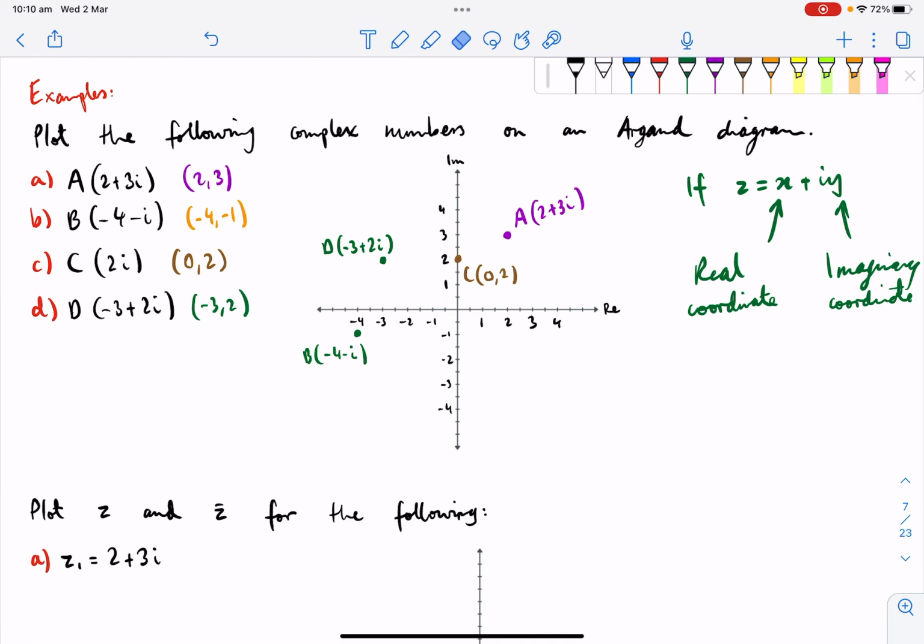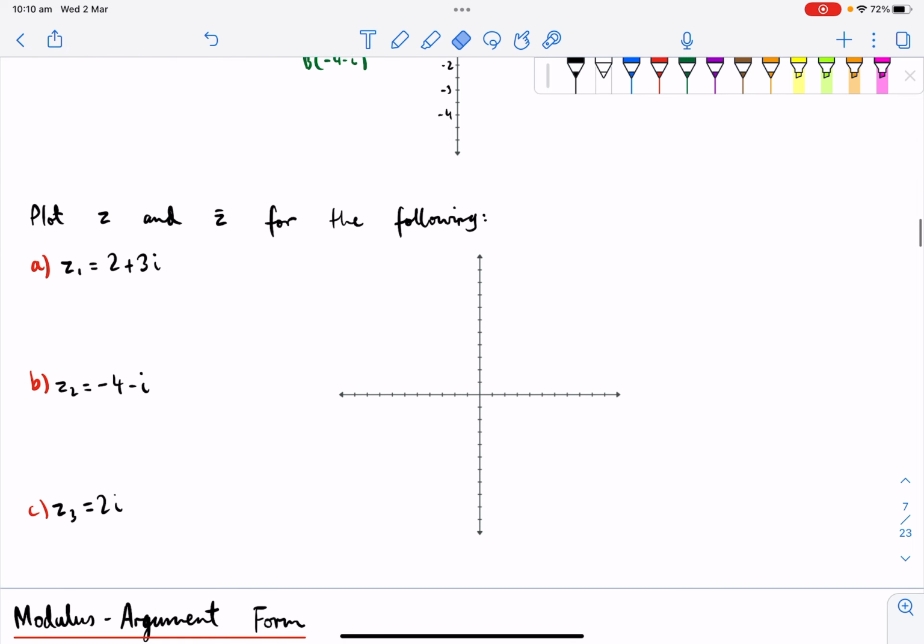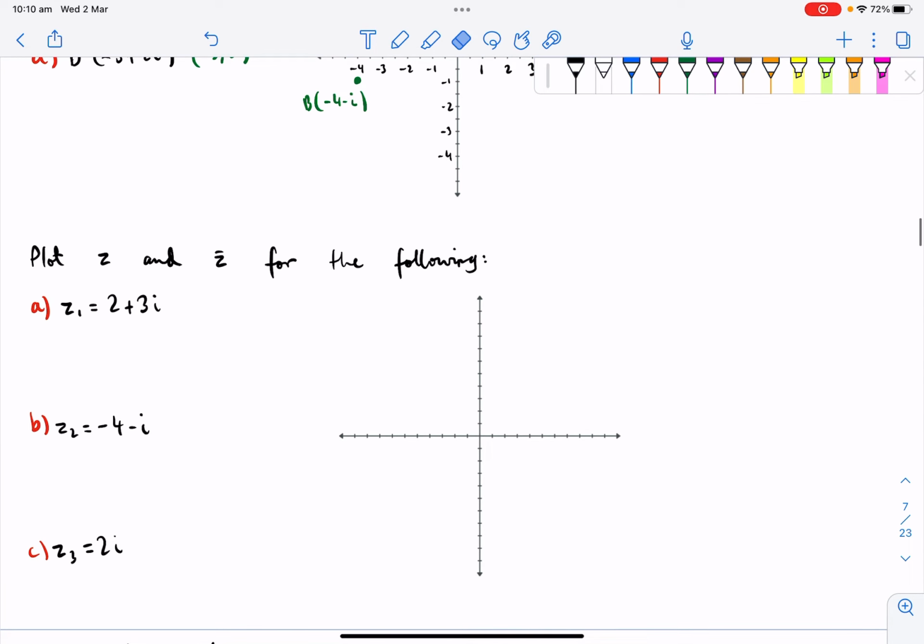All right, now let's move on to the next section. This section is observing the behavior of complex numbers and their conjugates. So let me just quickly plot these in.